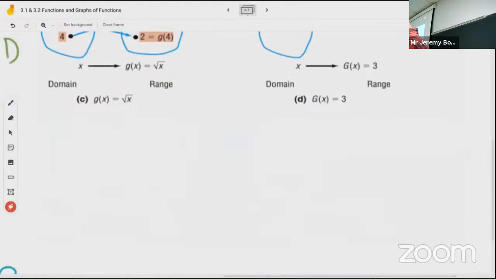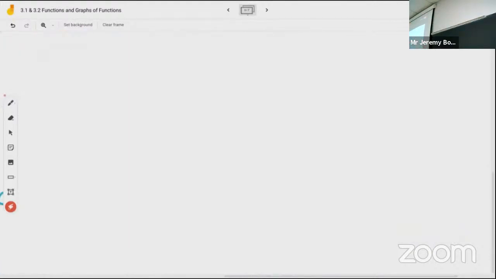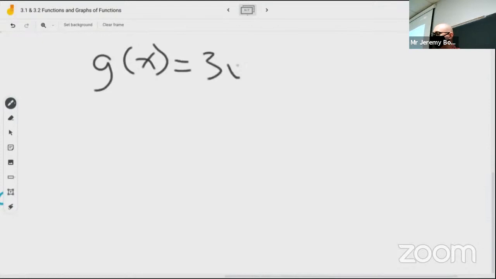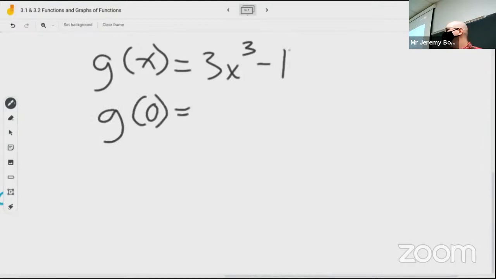Now, we can work out some of these. Let's say you had a function, let's call it g of x, and it is equal to, let's say, 3x to the third minus 1. And let's say you want to find what is g of 0. What are you going to do? You're going to plug it in.